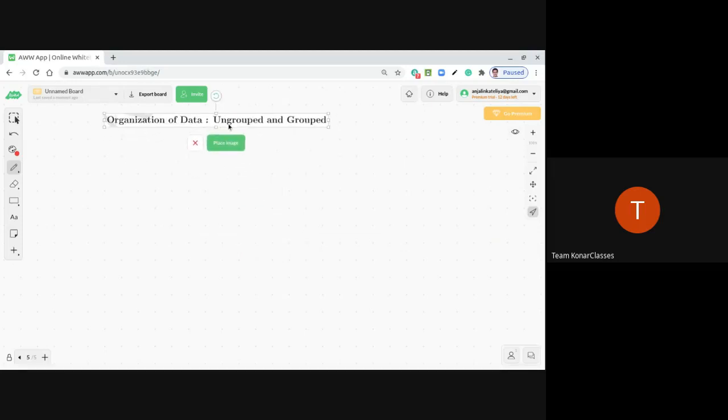There are 2 types, ungrouped and grouped. Ungrouped data is data you just collect one by one. Let me first place the notes in front of you, and then I will explain in detail.